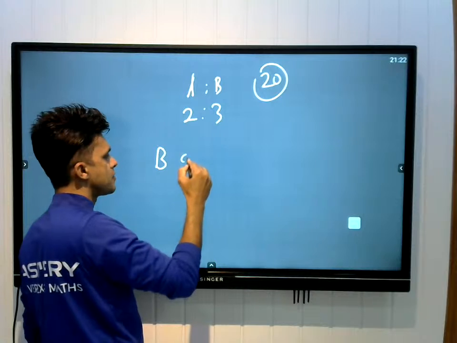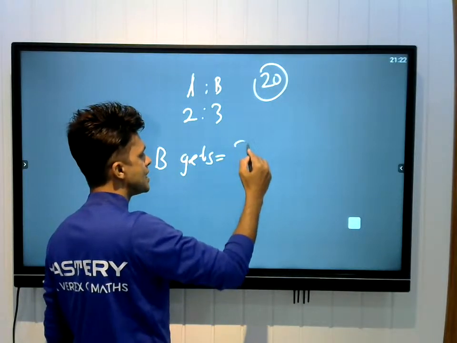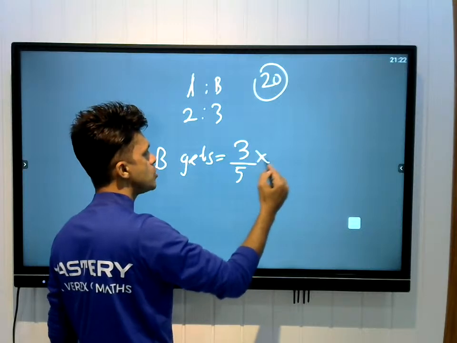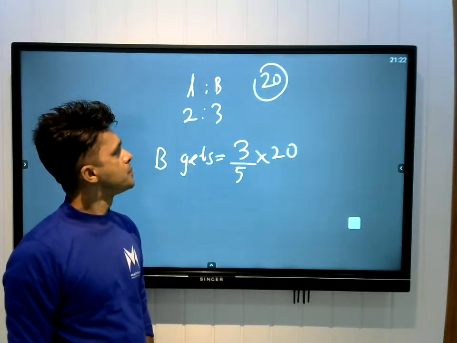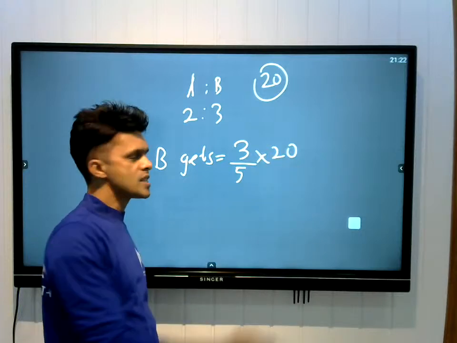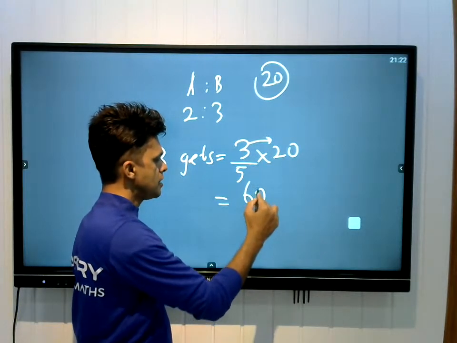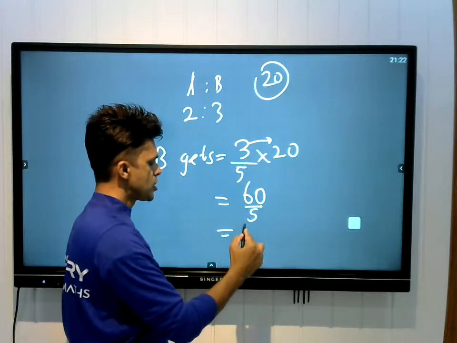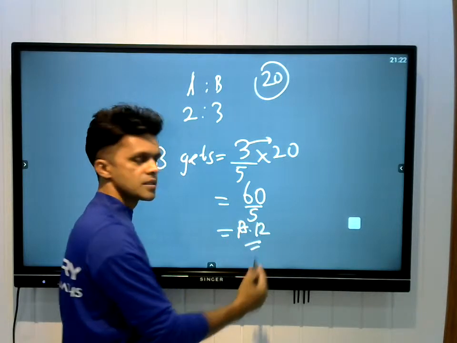Then we can use the previously learned method: 3 over 5 into 20. 3 times 20 is 60. 60 upon 5 is 12 rupees. This is the answer, 12 rupees.